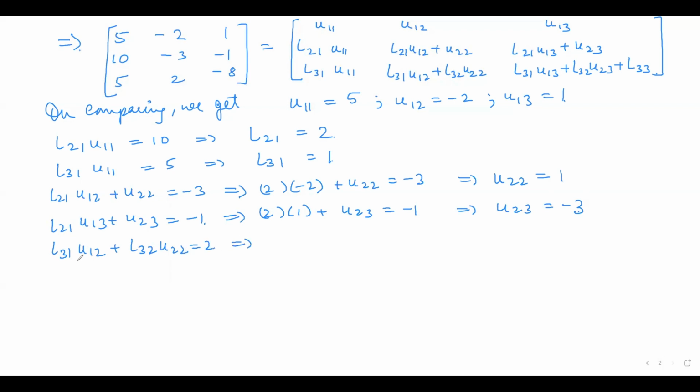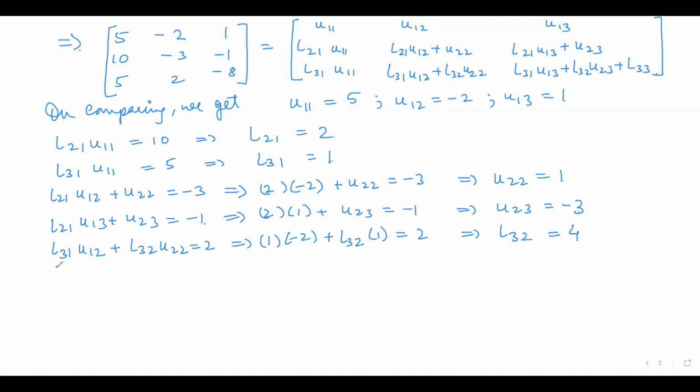Now here I know L31 is 1, U12 is minus 2, L32 I don't know and need to find out, and U22 is again 1. So L32 would be: minus 2 goes to the other side, it becomes 4.